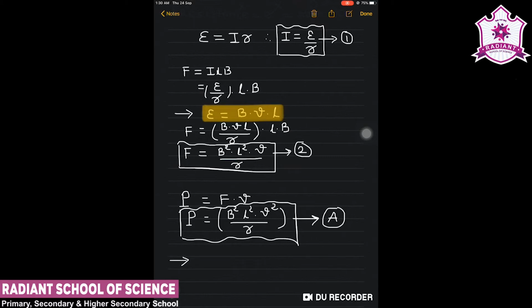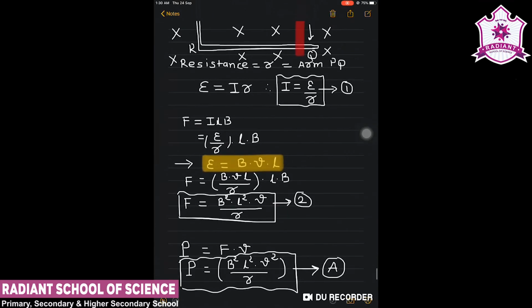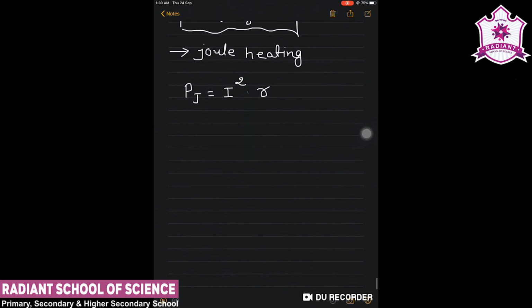We have studied the term Joule heating. As for Joule heating, we can simply say that the power due to Joule heating is given by the well-known equation, power is equal to I square into R. Now if we move further, from equation 1, I is equal to E over R, and E due to the motion is given by BVL.